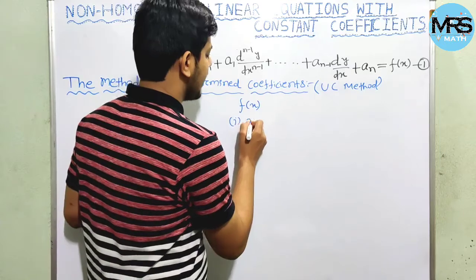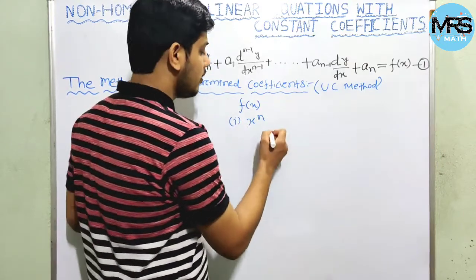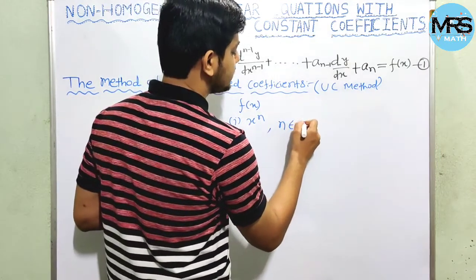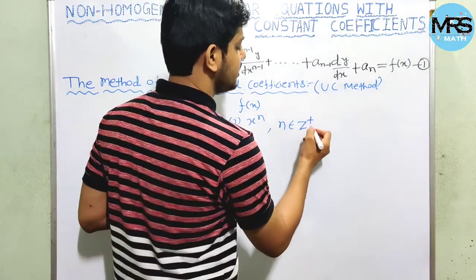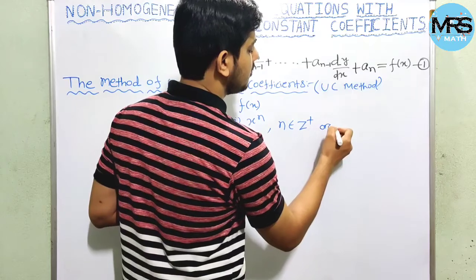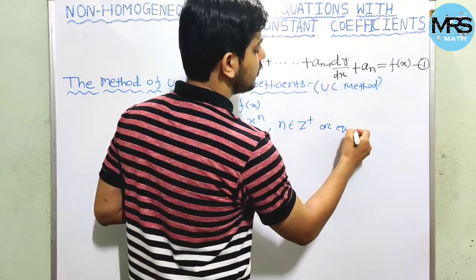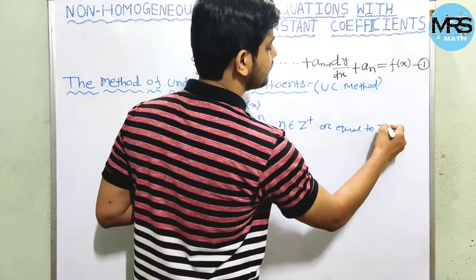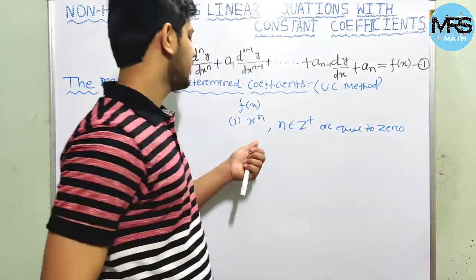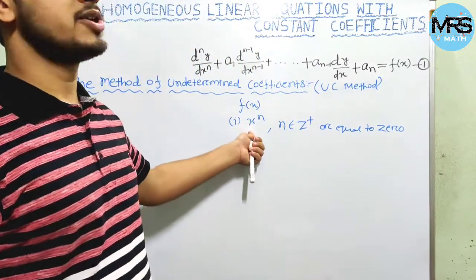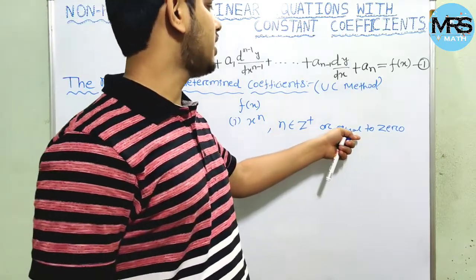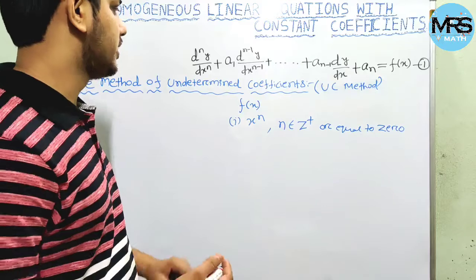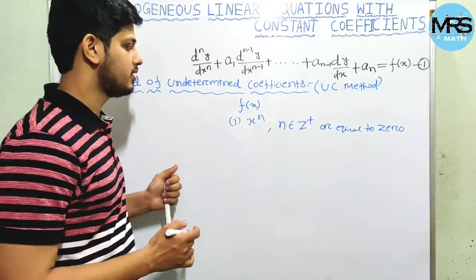The first type is x to the power n, where n belongs to Z plus, that means a positive integer, or equal to 0. If the function is of this type, then it will be called an undetermined coefficient function.